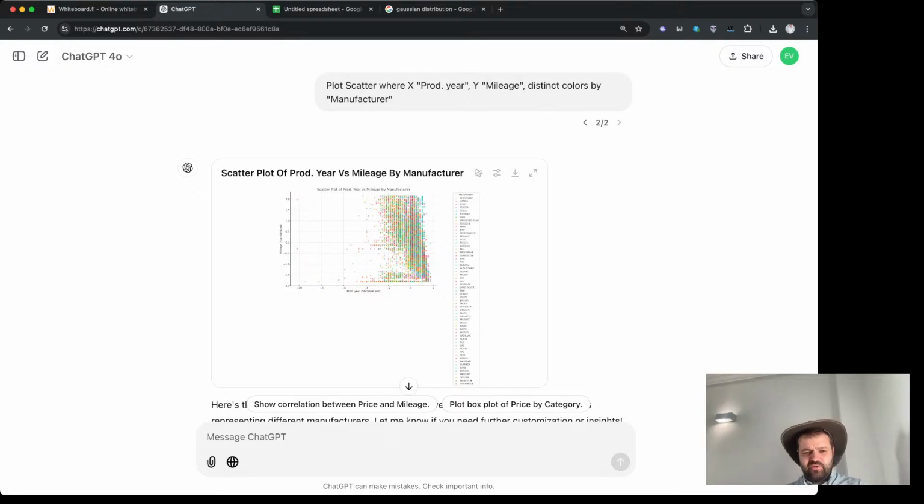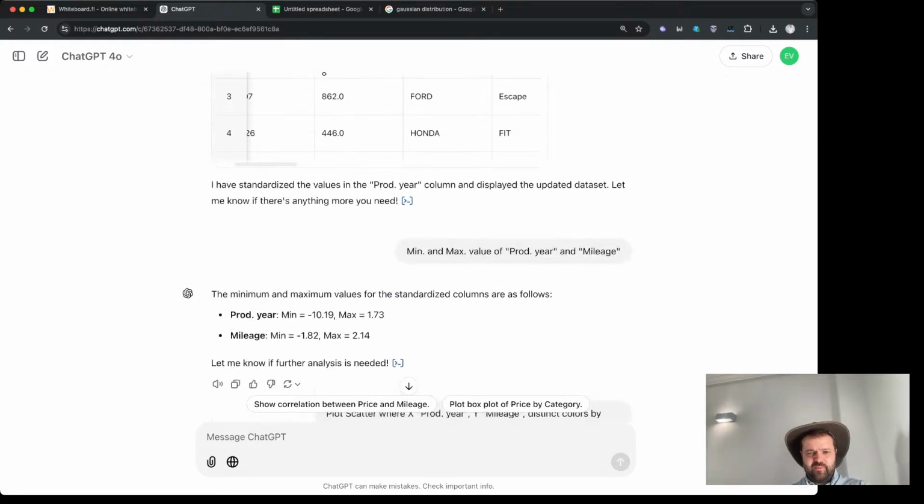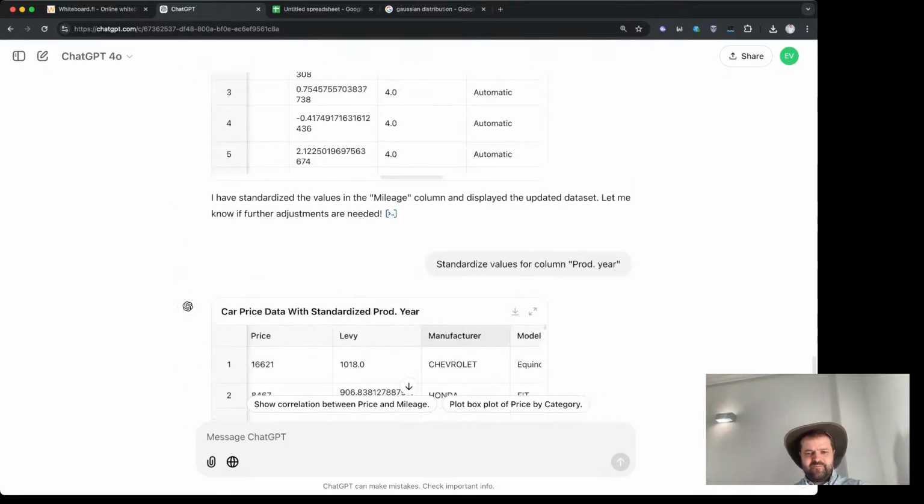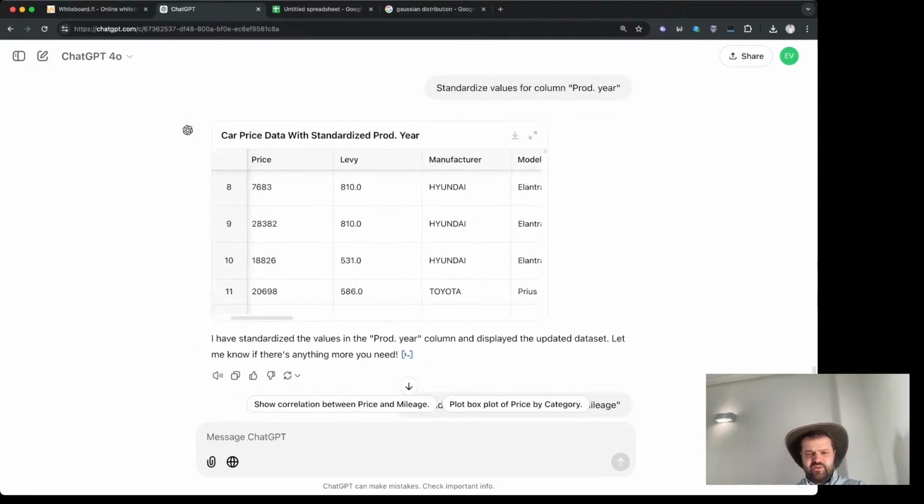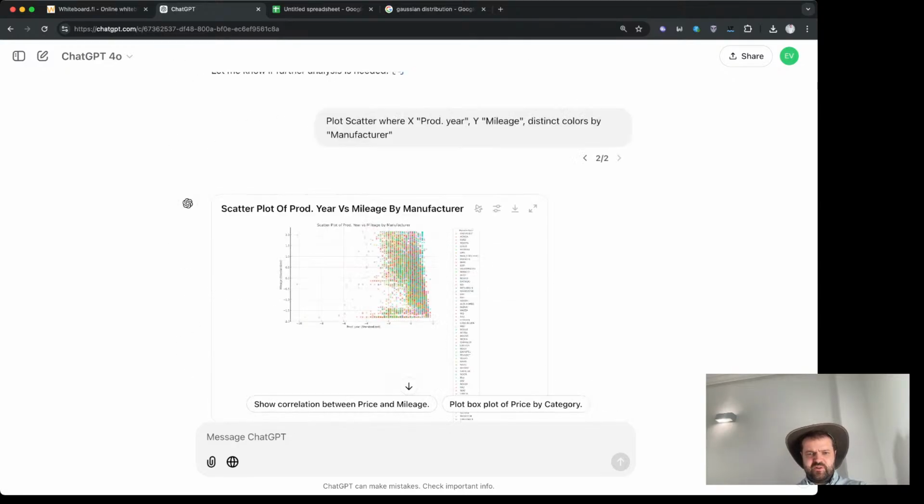But if I want to do this correctly, I need to do a couple of things. So first of all, let's look at the manufacturers themselves. So the manufacturer column. So plot a histogram of the manufacturer column.